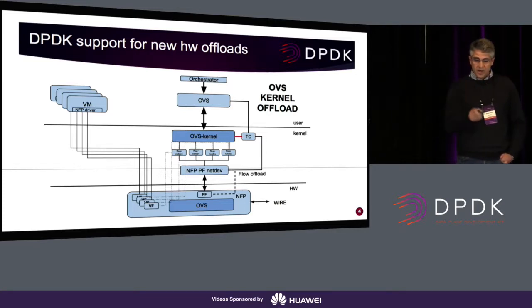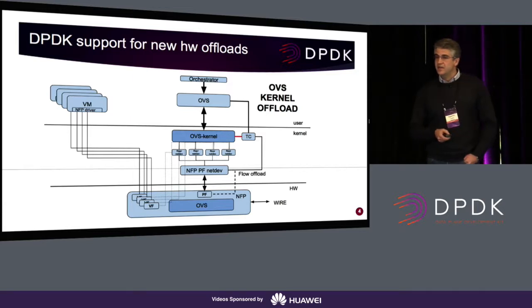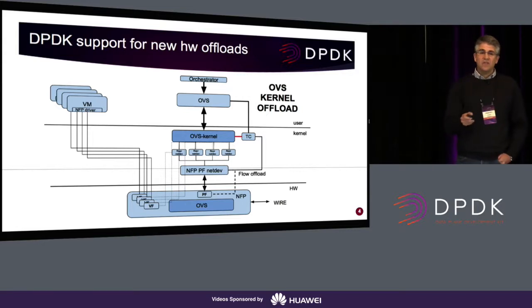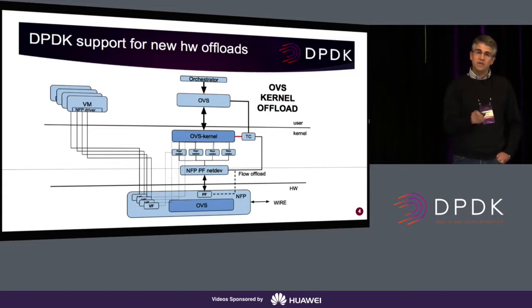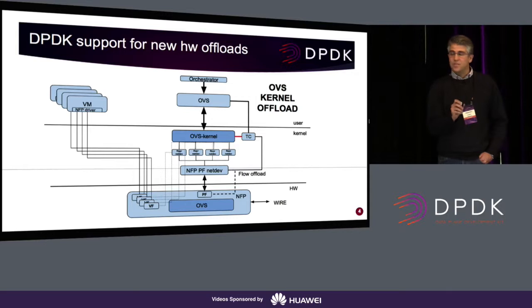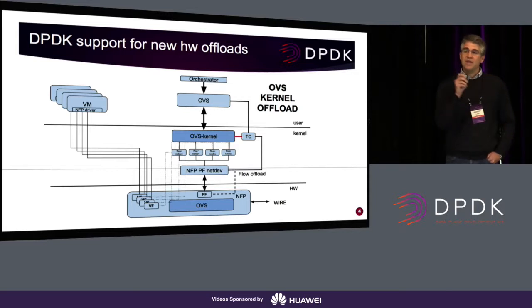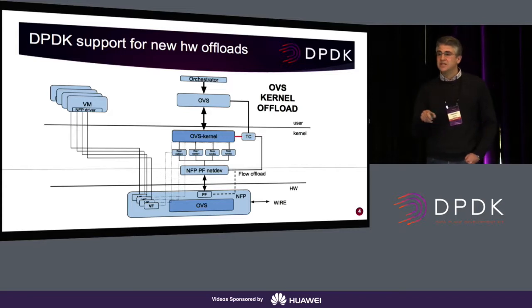So for that, we have these netdev representors that are between the OVS kernel and the eBPF. And we have one netdev representor per VF. So we assign one VF, or more than one, but in the simple case one VF, to a VM. And we have a netdev representor created by the PF for solving this special case, the slow path. Okay?